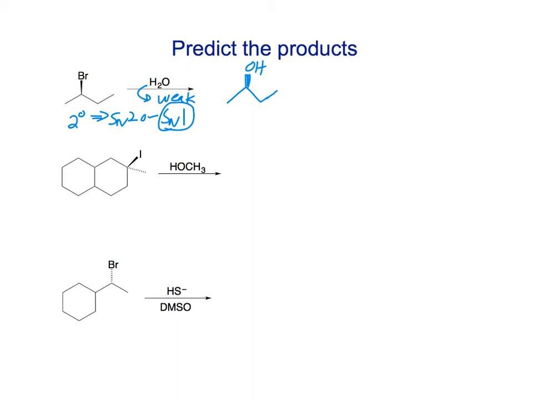All right, so we get one that has retention, and the other product will have inversion. So this would be a racemic mixture because there's a single stereogenic center.